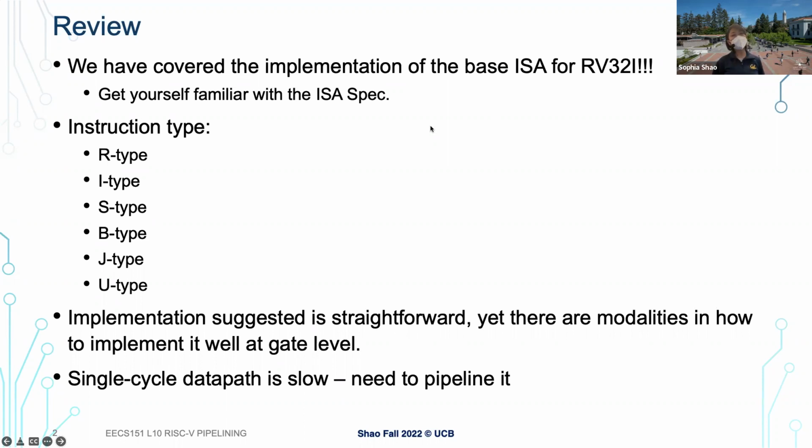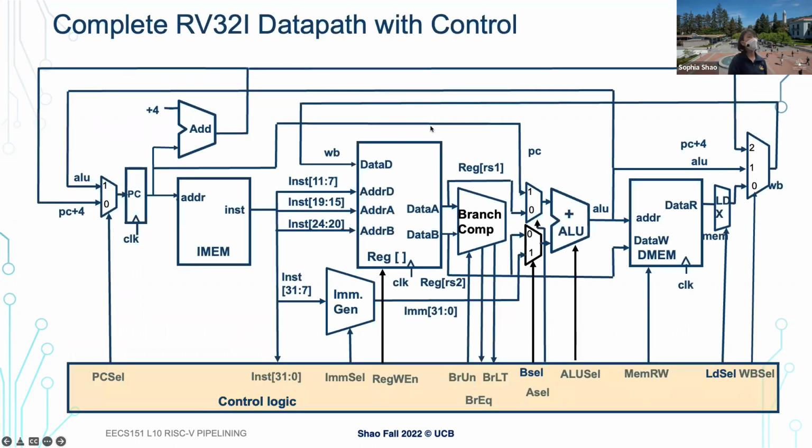Those are basically the initial implementation. This is the data path we end up with: all the different modules, our program counter, register file and memory, state logic, all the different components to perform the combinational logic, and then the control logic here to set different configurations.